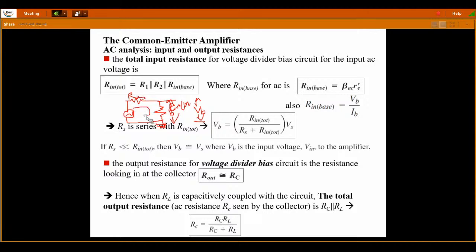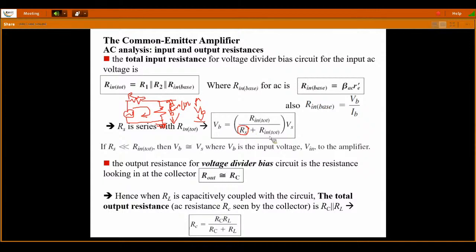In a series circuit, the voltage drop will be more across the total input resistance than across the source resistance RS. Hence VB is equal to Rin total divided by RS plus Rin total, into VS. As RS is far less than the total input resistance, we can ignore RS.